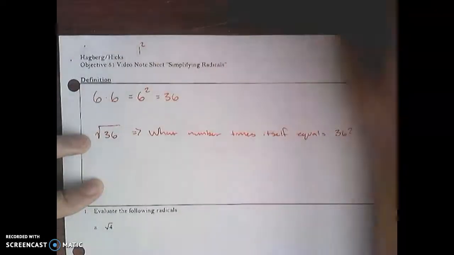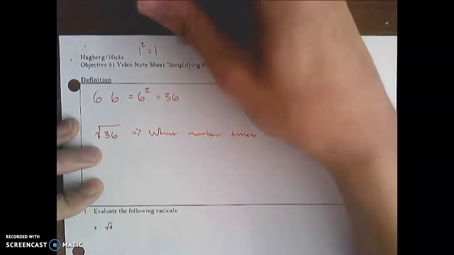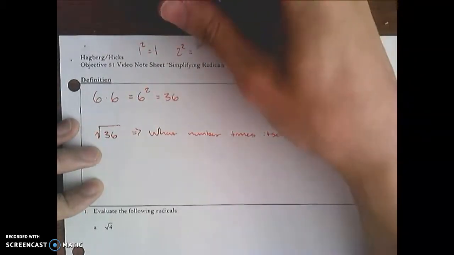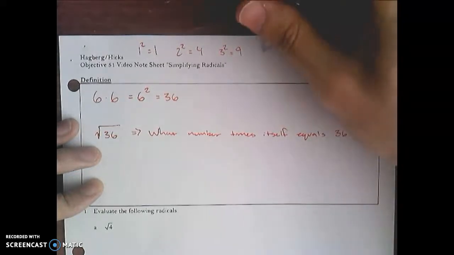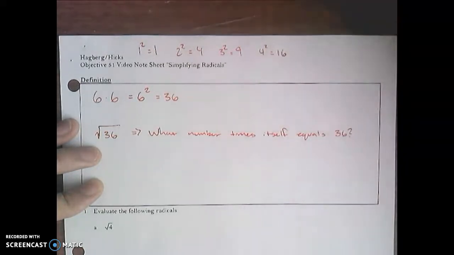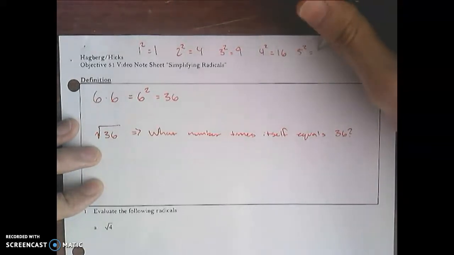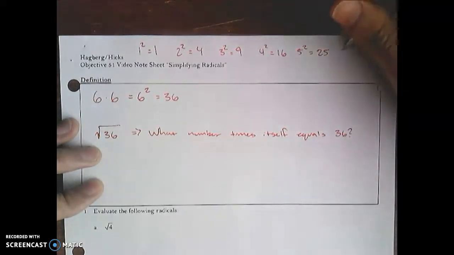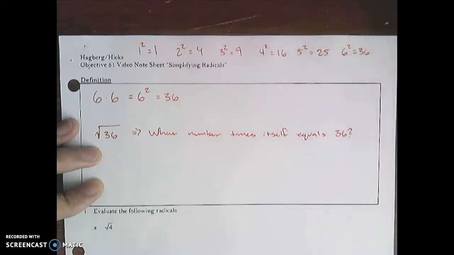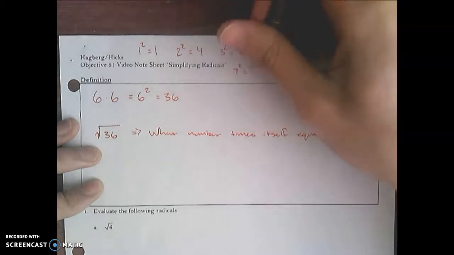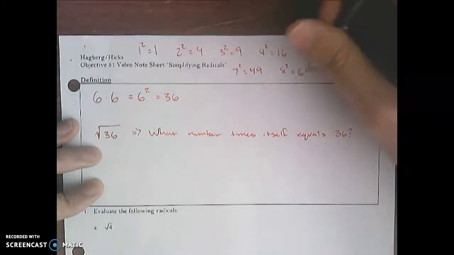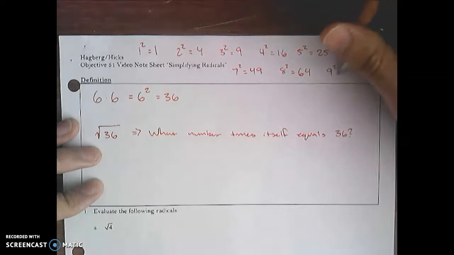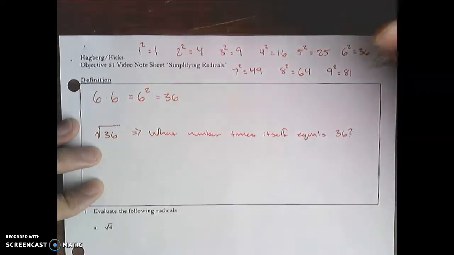So 1 squared is 1 times itself is 1. 2 squared is 2 times 2 is 4. 3 squared is 3 times 3 is 9. 4 squared, 4 times 4 is 16. 5 squared, 5 times 5, 25. 6 squared, 6 times 6 is 36. 7 squared, 7 times 7 is 49. 8 squared, 8 times 8 is 64. 9 squared, 9 times 9 is 81. And 10 squared, 10 times 10 is 100.